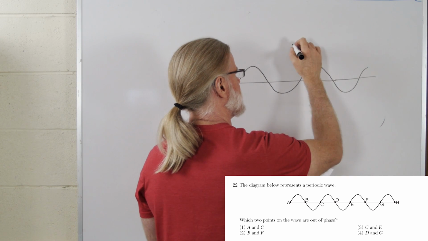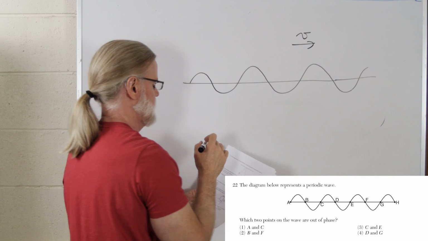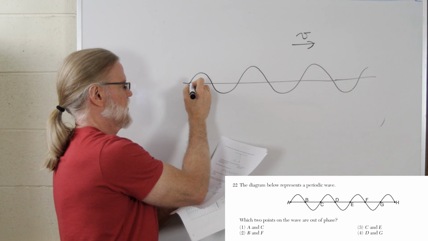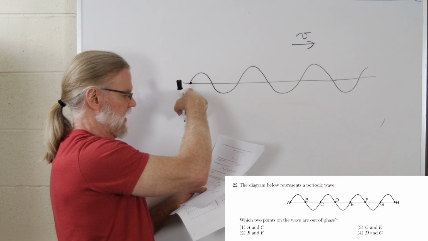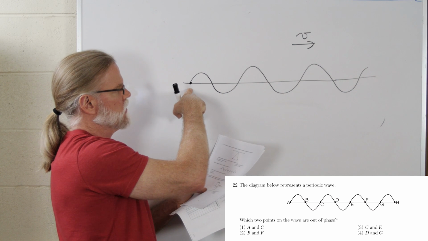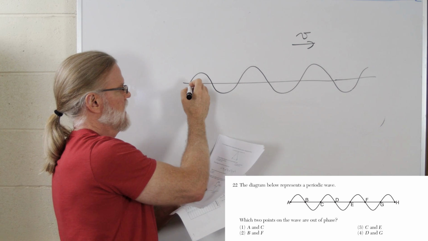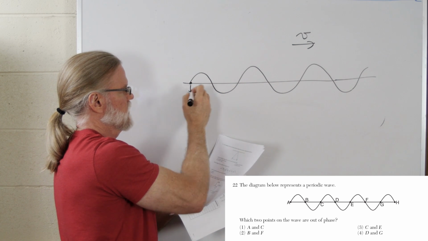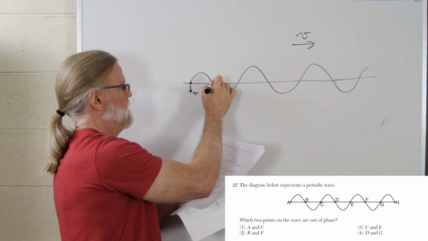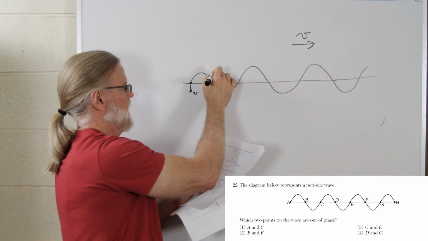Let's say the wave's going this way, just for the sake of argument. So A, for instance, is at the equilibrium position. In fact, all these are at the equilibrium position. Which way is A traveling now? A is actually traveling downward at this point. B is traveling upward.